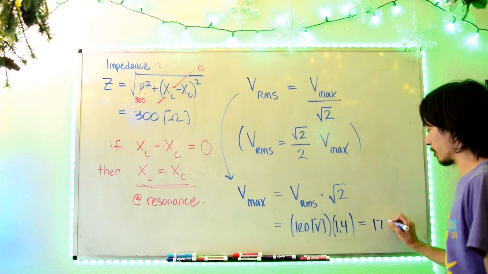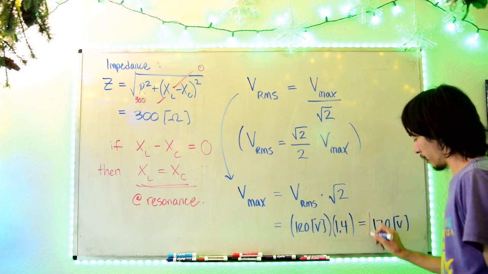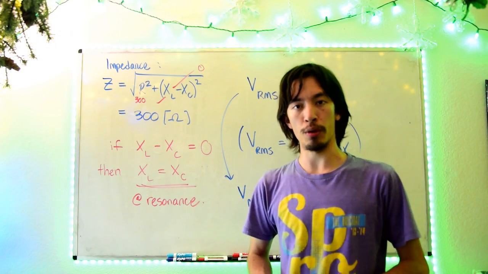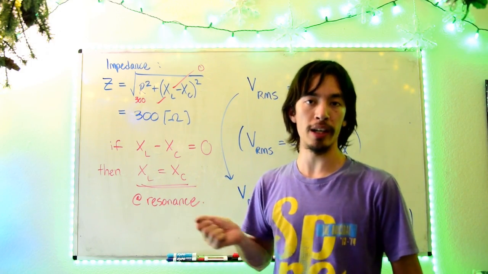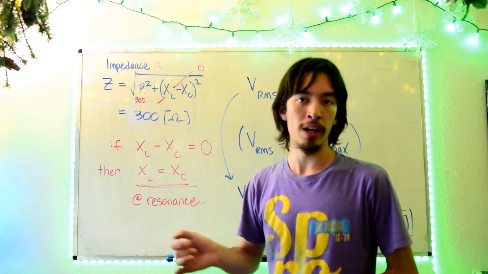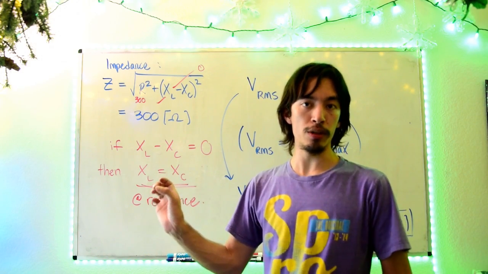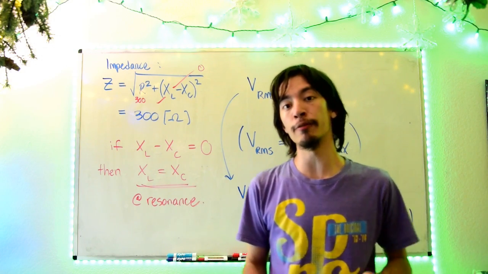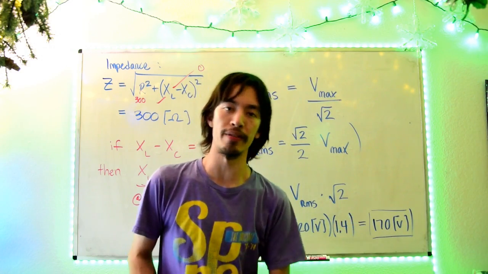This ends up being about 170 volts. So if you're talking about plugging stuff into the wall at home, that power outlet at home is typically run at 120 volts RMS. So that means that the peak voltage it reaches is actually 170.